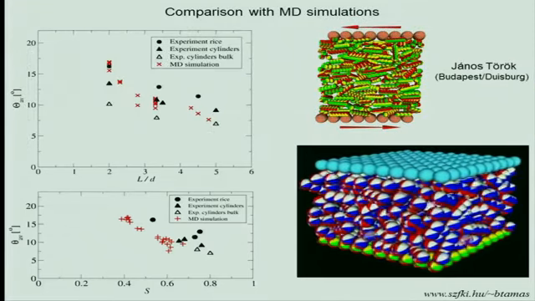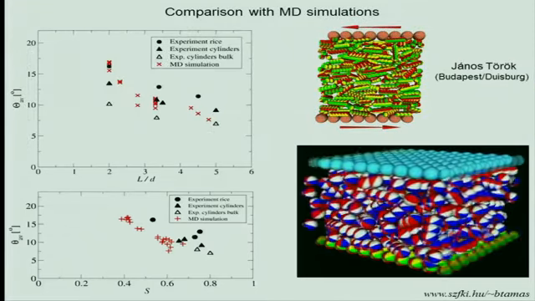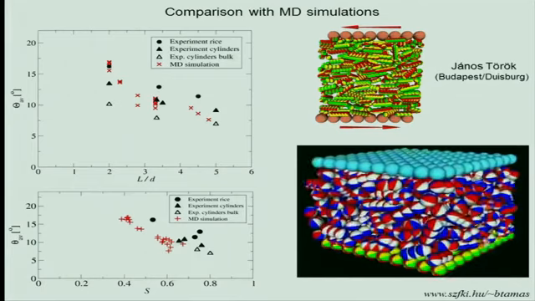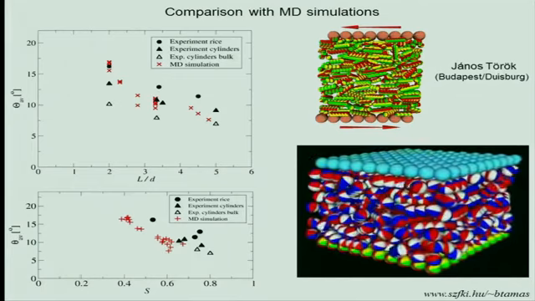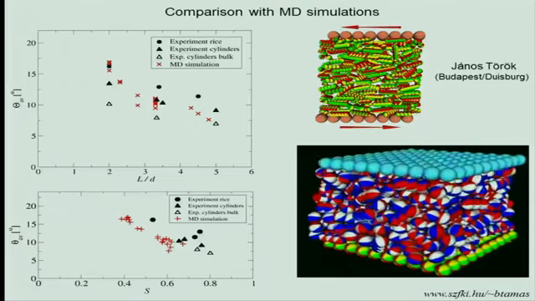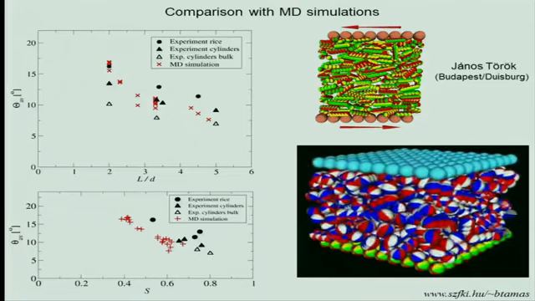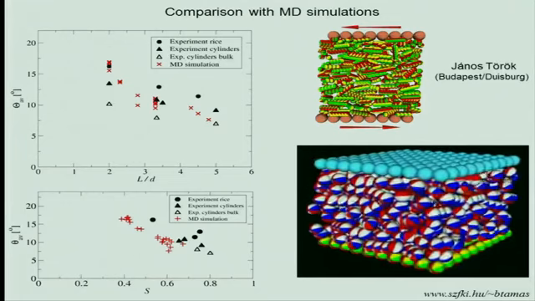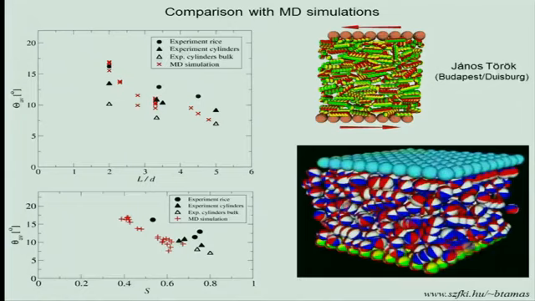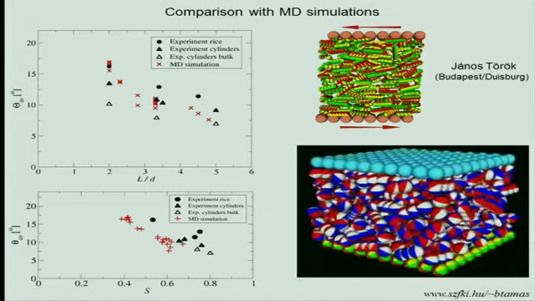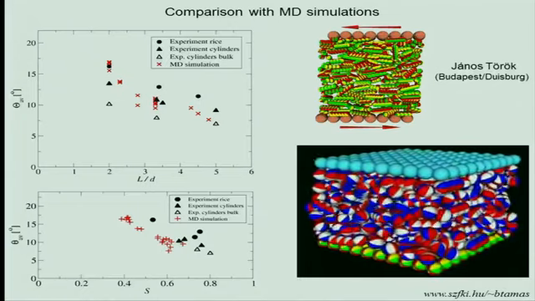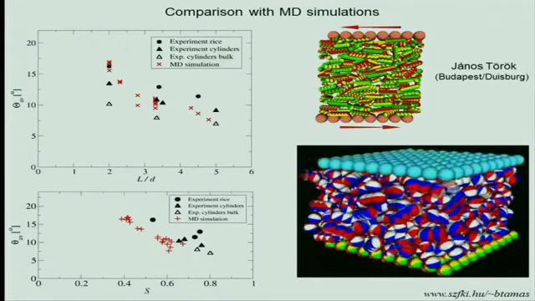Then our colleague also did numerical simulations with a molecular dynamics code, where he glued beads together to have elongated particles. And the red data points are now the results of these MD simulations, which are again in nice agreement with our experimental data.